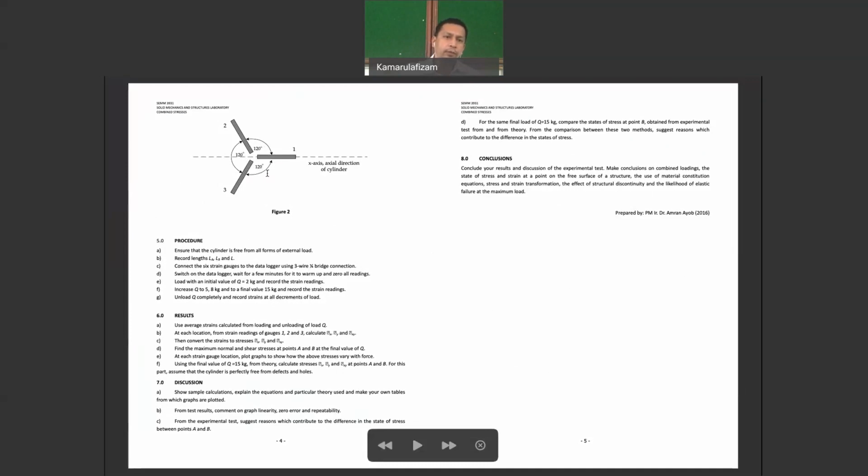For section 5.0, the procedure, everything is set up, and that is more or less the step that you need to do. For this procedure, the data is given to you. What you need to do is read section 6, and in the group you can do all the discussion and provide the report at the end of the discussion.